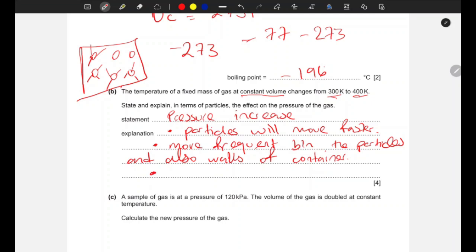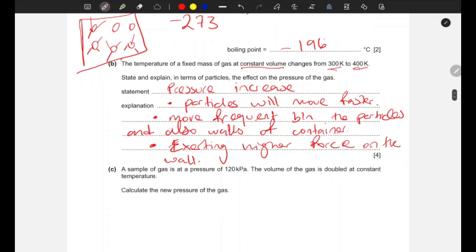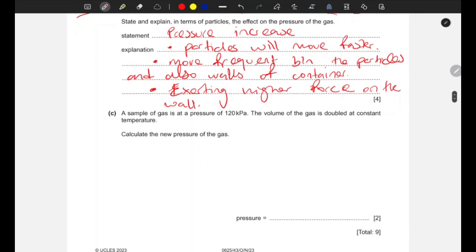So they would exert higher force on the walls. Now this is just enough to get us the 4 marks.